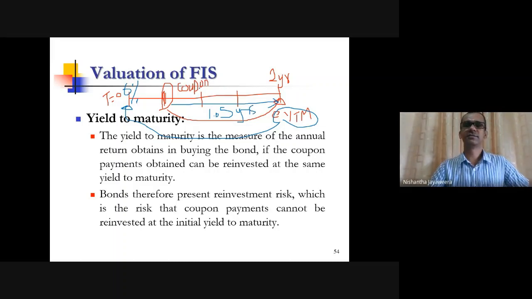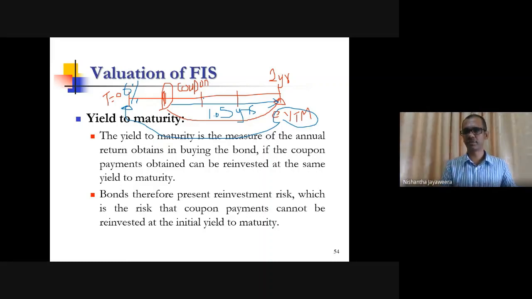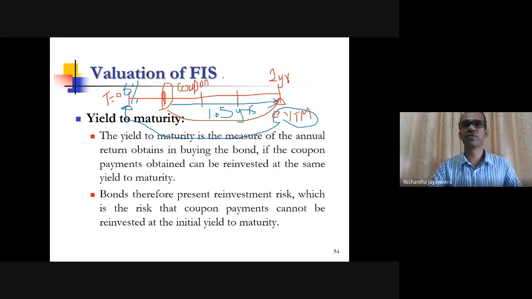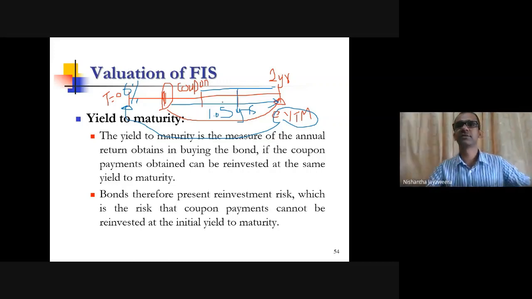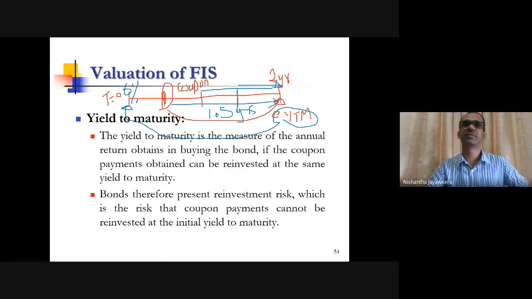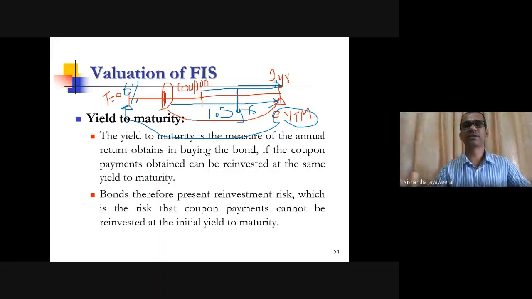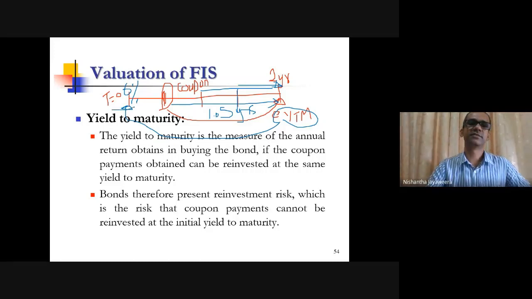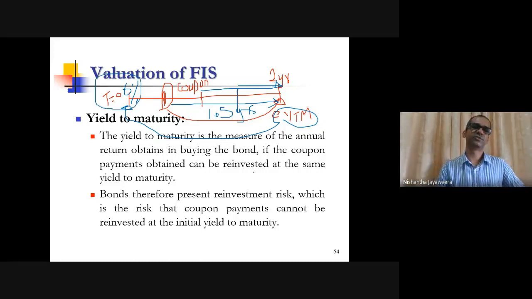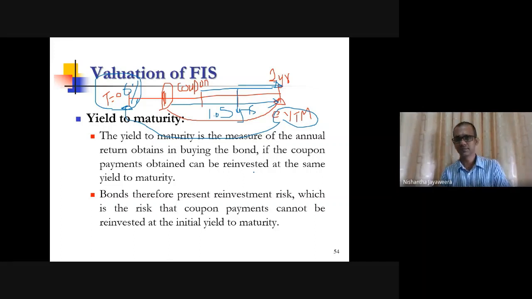Not only that, the second coupon you receive, you should be able to invest again at 6% for a 1 year period. The third coupon you receive after 1.5 years, still you should be able to invest it at 6% for another 6-month period. Then only you realize this 6% yield to maturity. Is it clear?